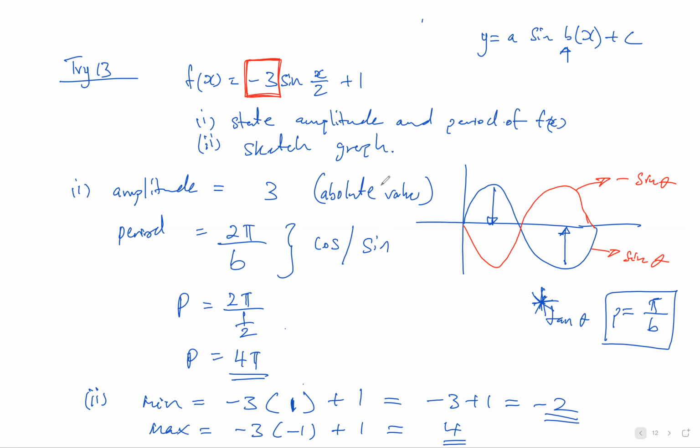Can draw a bit lower. Do I need to draw? What does the question say? Draw the full cycle or 2 pi only? Draw the full cycle. So sketch the graph for 4 pi to 0.